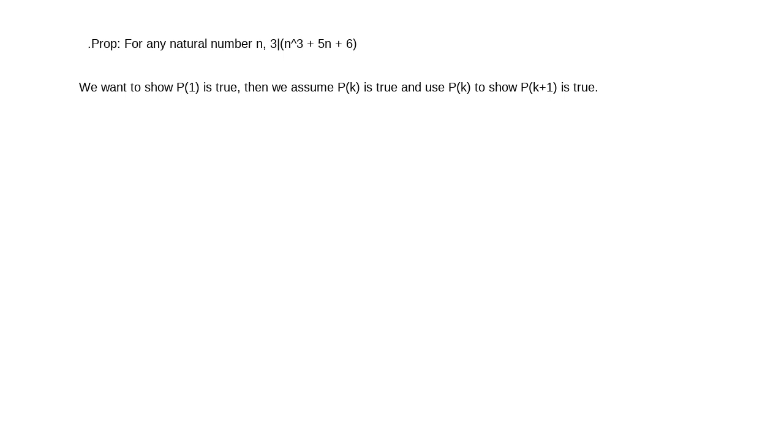Okay, so this is our thinking process. All right, we want to show P of 1 is true. Then we assume P of k is true. And then we use P of k to show P of k plus 1 is true.